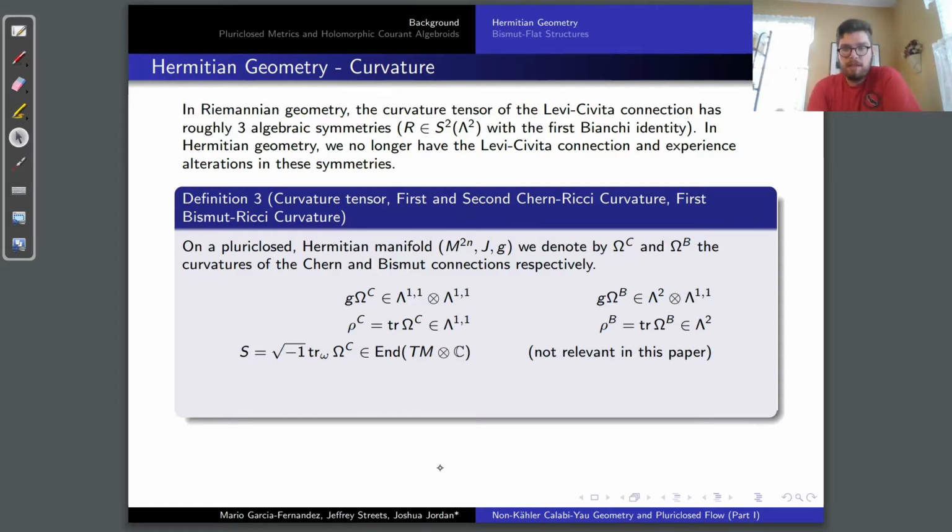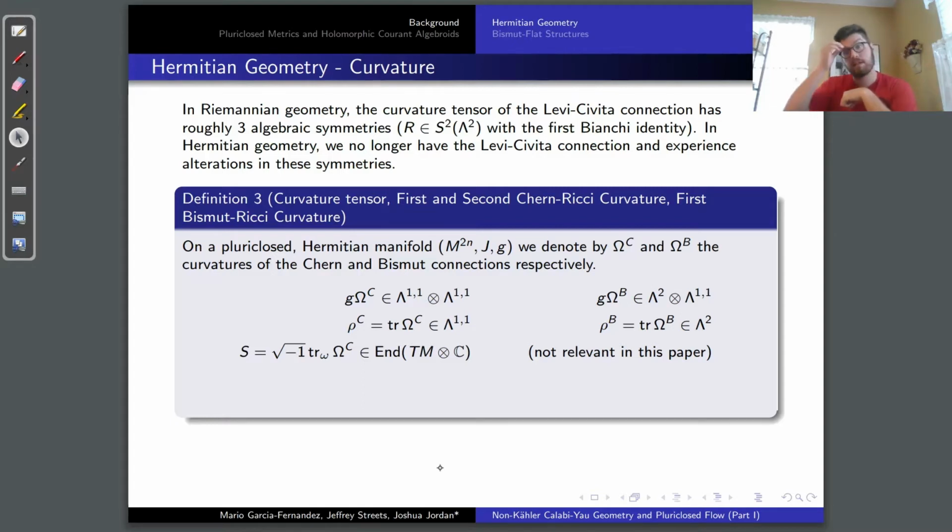And then the Bismut curvature is even different, right? That lives in wedge 2 tensor wedge 1,1. I should say the complexified wedge 2, really. So your first two indices can come in any combination of barred and unbarred, and you can swap them for a minus sign, but your last two indices are always unbarred, barred.